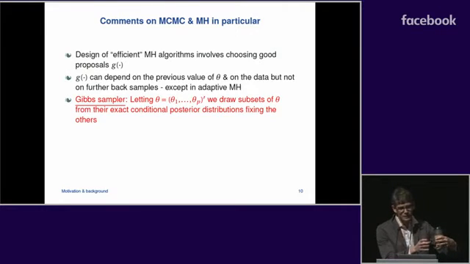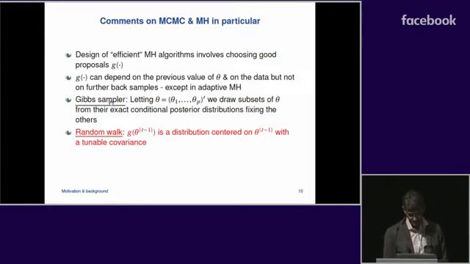Theta 2, fixing all the parameters, might be a gamma distribution. And theta 3 might be a Poisson distribution. We might just iterate through sampling from those conditional distributions. That would be a Gibbs sampler, a special case in which the G cancels with the other part and we always accept.